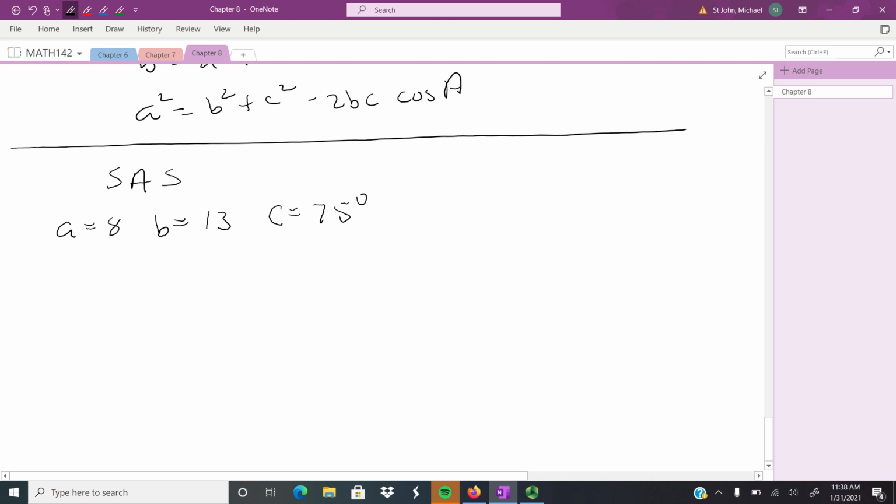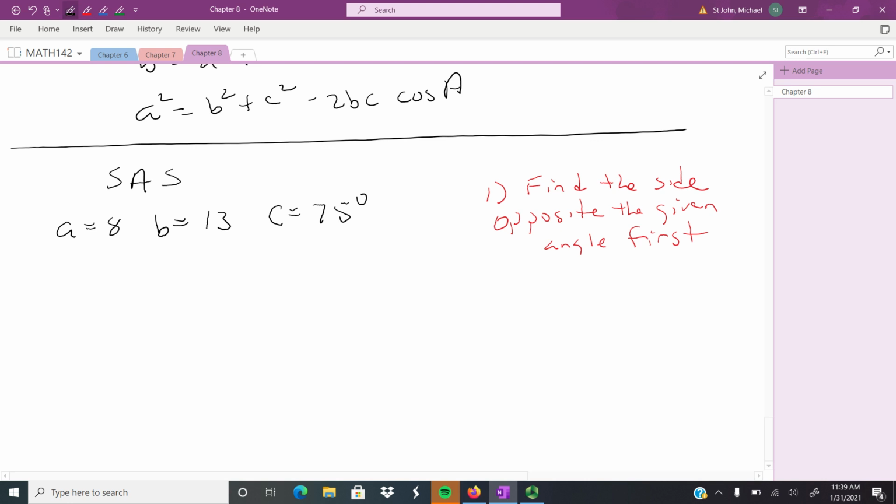So the first thing we do, step one, is we're going to find the side opposite the given angle first, which in this case means we're going to find side C.